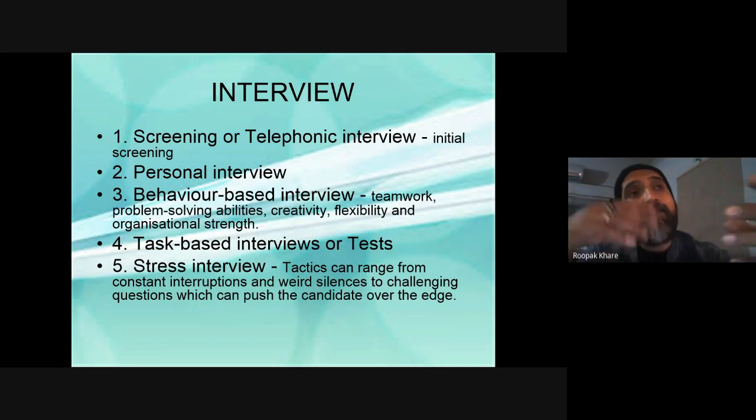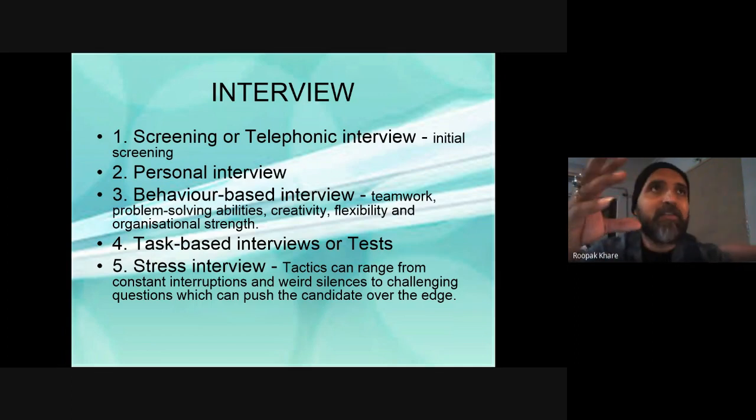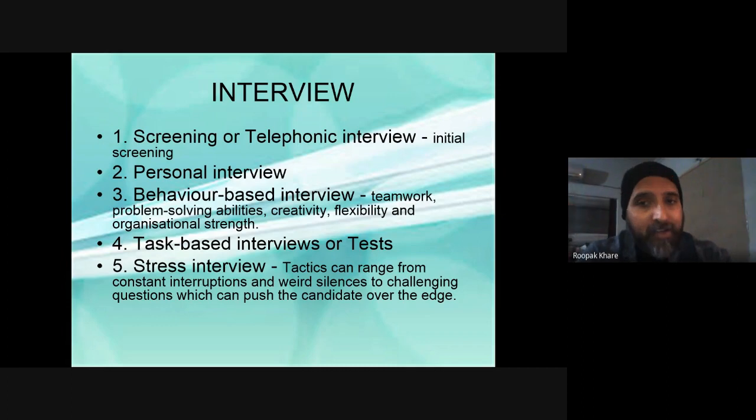And when you do those tasks and solve those problems, you're being judged for how much teamwork capability, problem solving ability, and creativity you have, whether you are really flexible, and whether you have those organizational skills. So all these things are being tested through those tasks, right?